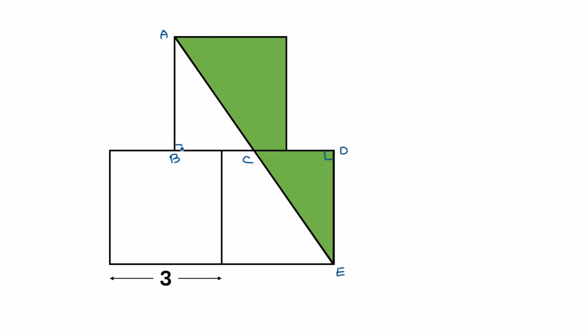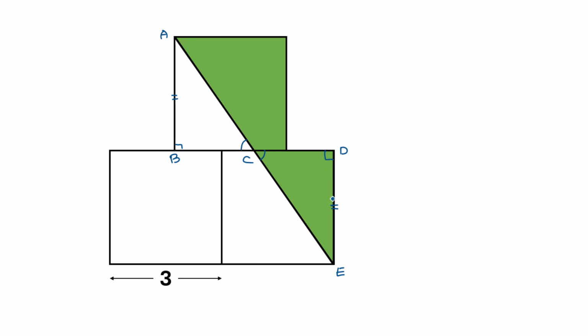So this angle B is equal to this angle D, and this angle is equal to this angle, and the side length of this AB is equal to the side length DE.